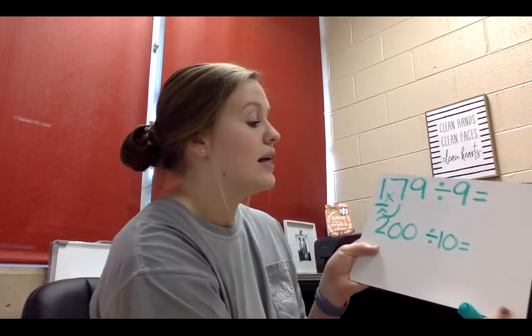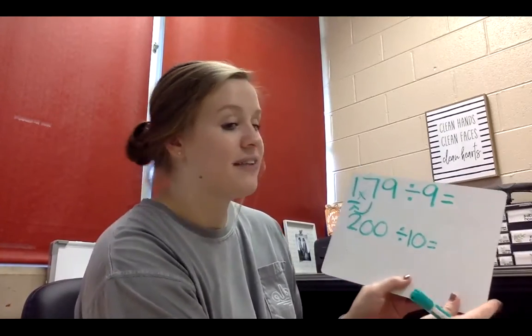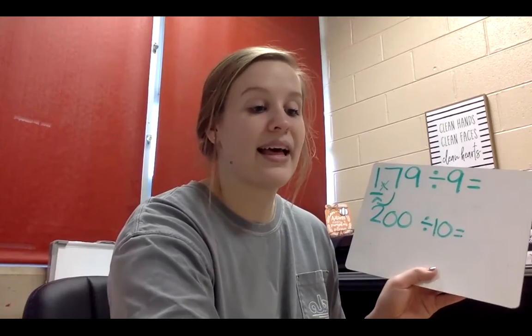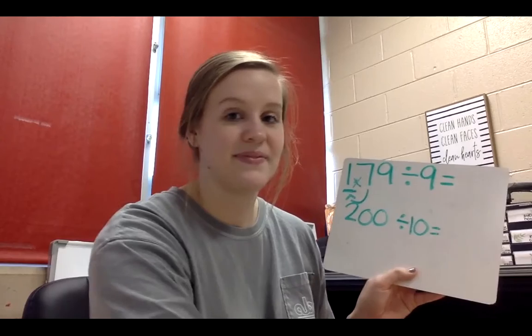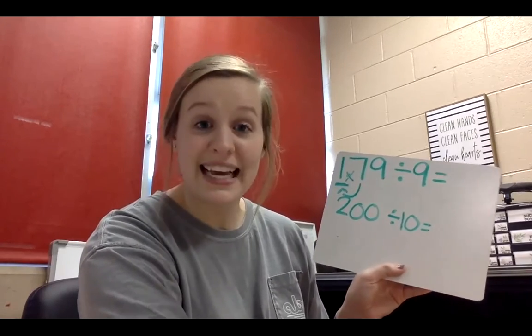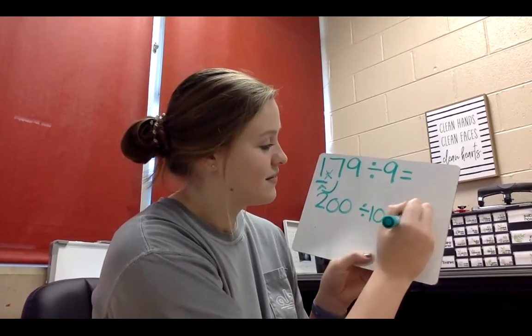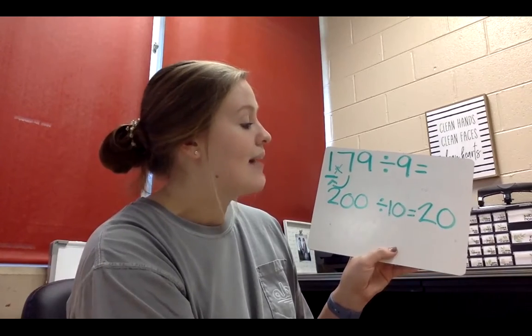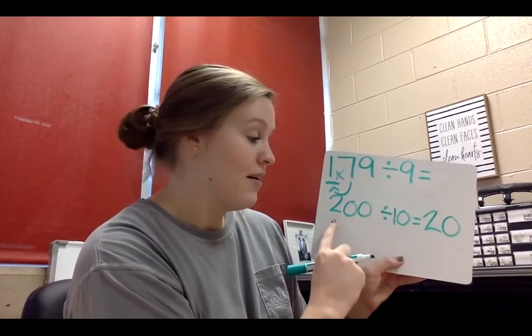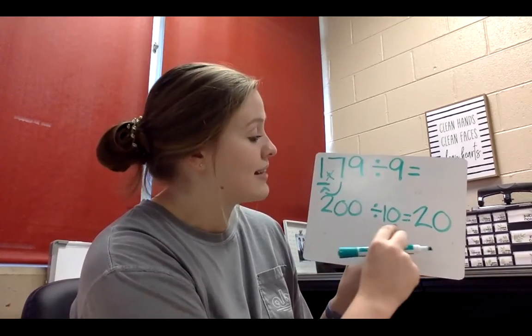And I know that 200 divided by 10 is what, guys? What is 200 divided by 10? 20. That's right. So I know that an estimate for 200 divided by 10 is 20.